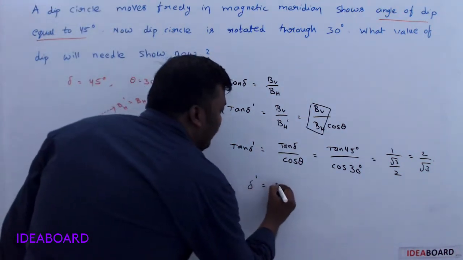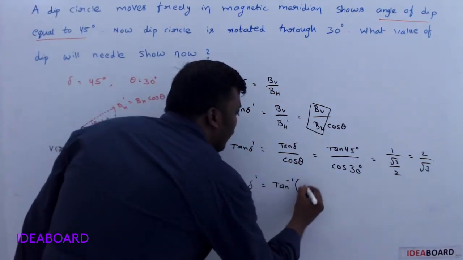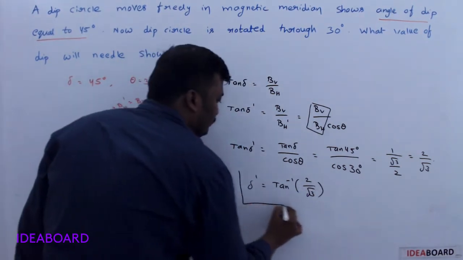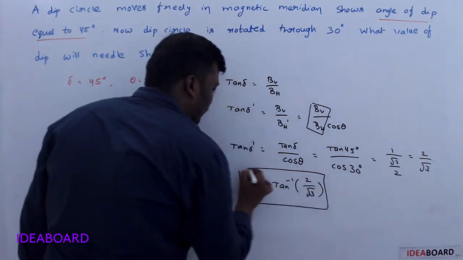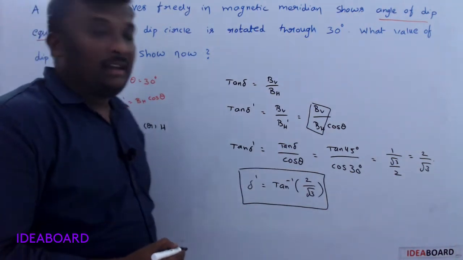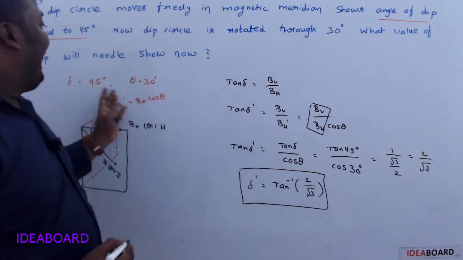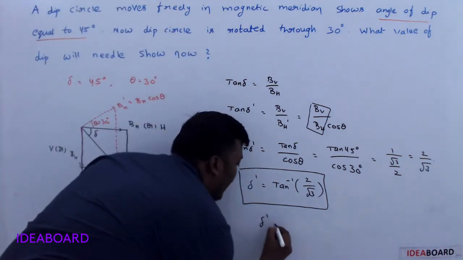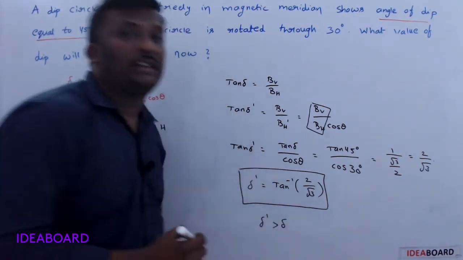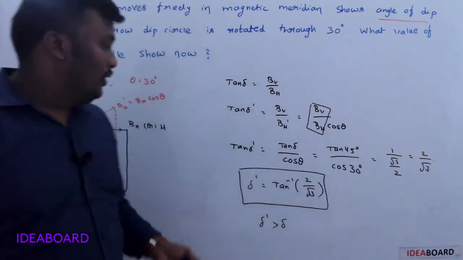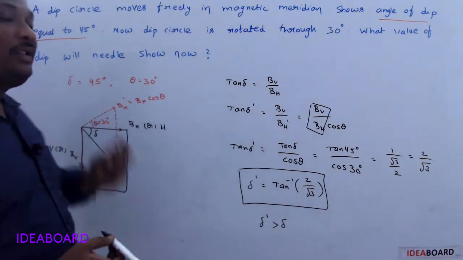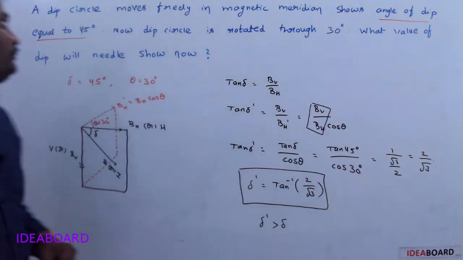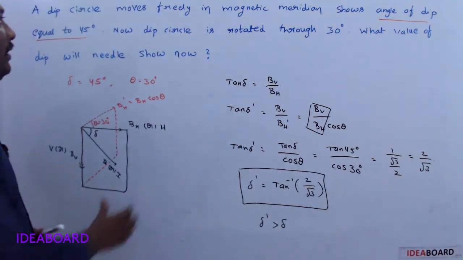So delta dash is tan inverse of 2 by root 3. Previously we said if theta is greater than 0 degrees, delta dash is always more than delta. So the answer is more than 45 degrees.